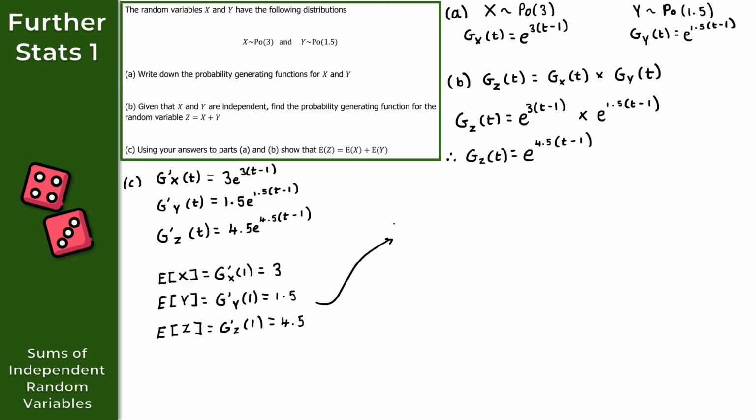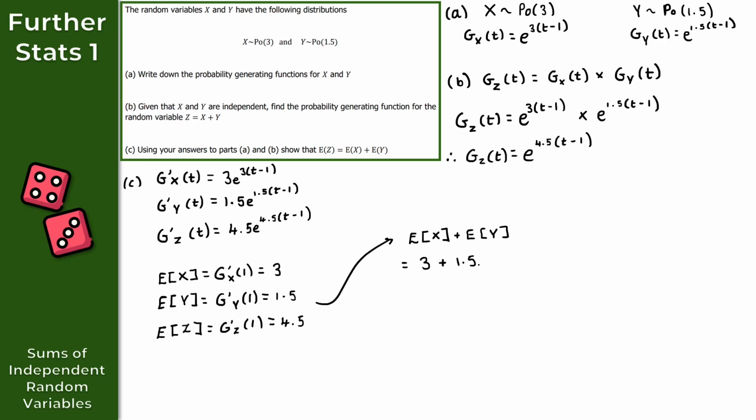So in that case, showing that the expectation of x plus the expectation of y is equal to the expectation of z. The expectation of x is 3, so we get 3 plus the expectation of y, which is 1.5.